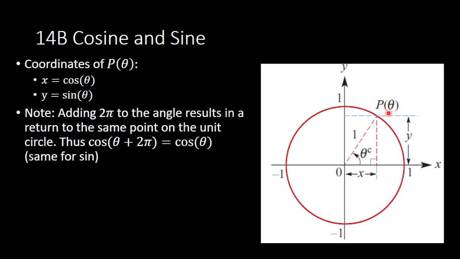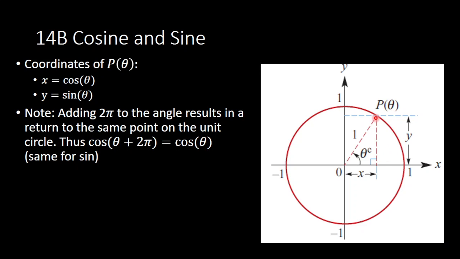Therefore, if you look at the coordinates of that point, the x coordinate is your cosine of theta, and the y coordinate is your sine of theta. The little c indicates that your angle is in radian. If you want to have degrees, you just change that symbol to that little bubble, which indicates that you're in a specific unit of angle.